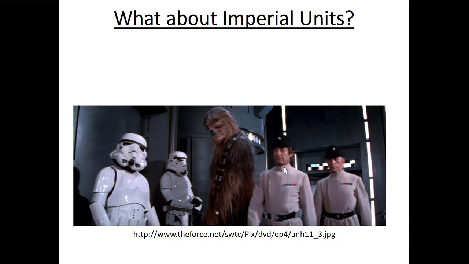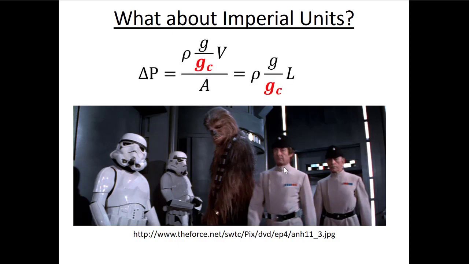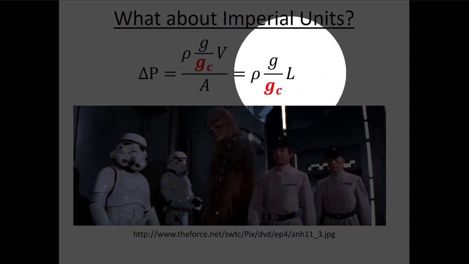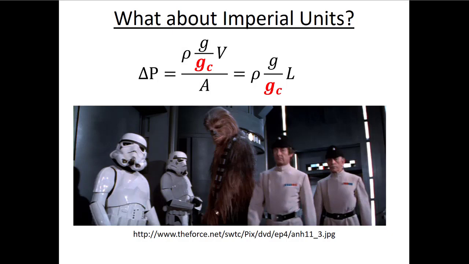So whenever we're dealing with not the metric system, we have all of these extra little quirks. And one of them is that if we were trying to calculate pressure like this, then we don't use the equation rho GH. Instead, we use this equation rho G divided by GC times H, or L in this case, right?